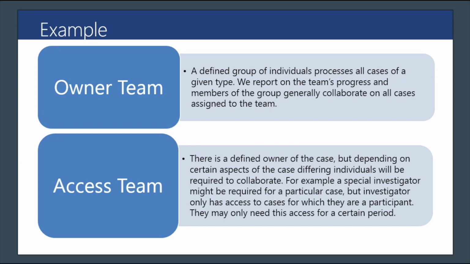Then as additional members are added, that particular record is actually shared with those users via the access team. And when all members of the team are removed, the team itself is then removed from the system. So it's scalable in that the system will manage it for you as you add and remove the users.